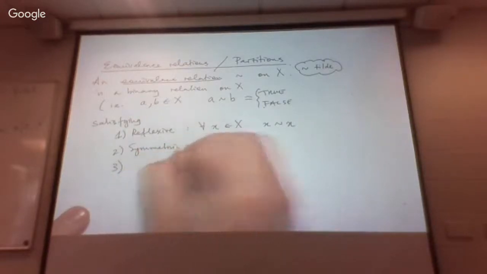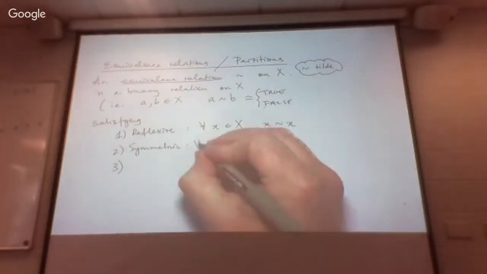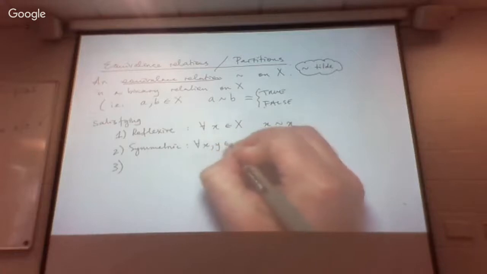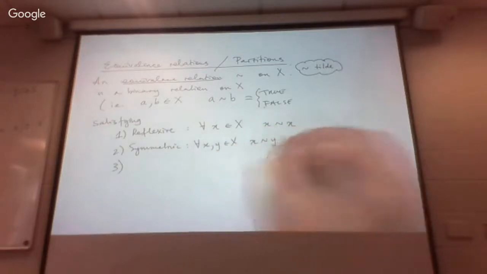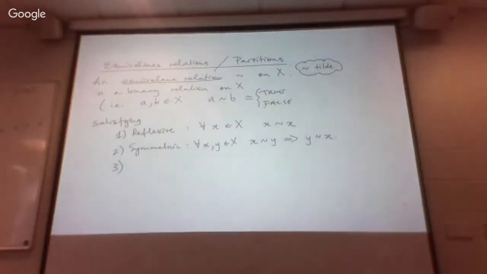The other key property is symmetry. Symmetry says, whatever goes one way, goes the other way. So for every pair of elements in the set, if X is equivalent to Y, that implies that Y is equivalent to X. Our relation is symmetric, because if n divides anything, it's going to divide minus that thing. So n is going to divide B minus A, so the congruence relation goes the other way.